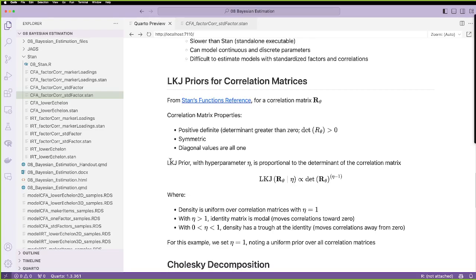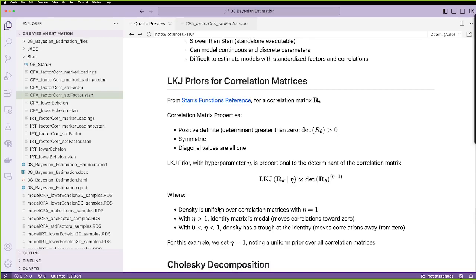So this is all related, a lot of related science coming out here. But LKJ, this prior, is fantastic. It allows you to basically, through a single parameter, eta, specify a prior on the entire correlation matrix itself. And how it works is actually putting a prior on the components of the Cholesky decomposition itself. And so here's what to know about this.